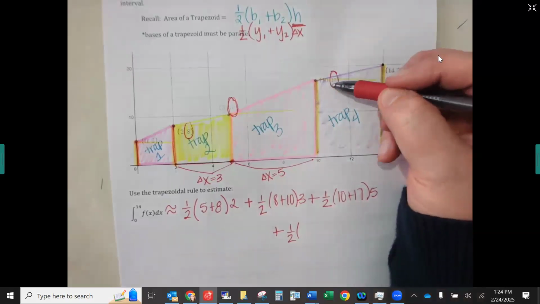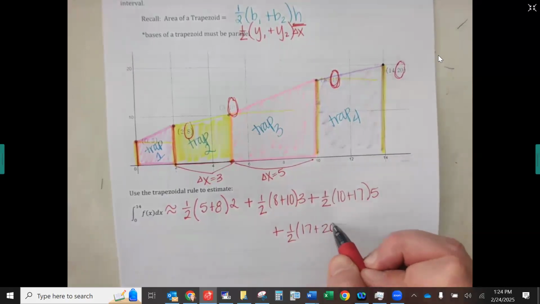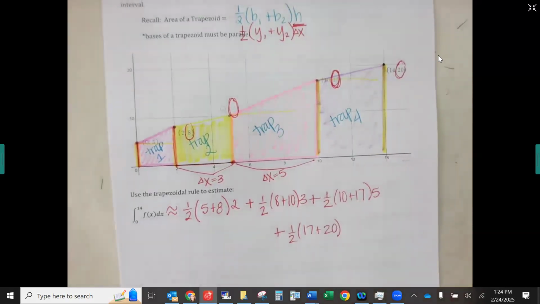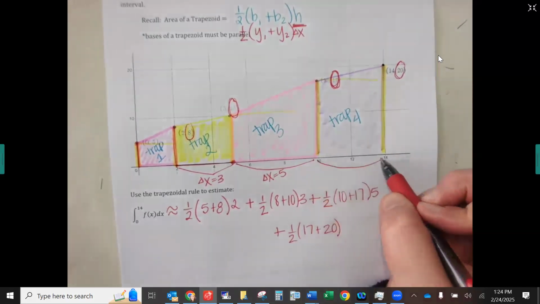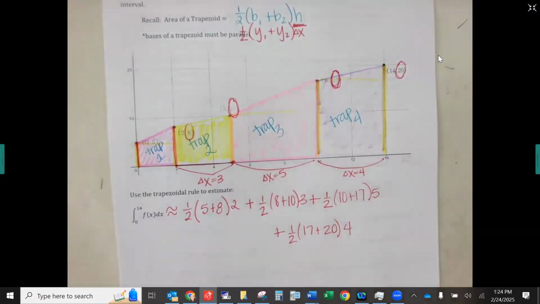We're going to reuse 17 and 20. Remember that the delta x is the distance between the x's, not the distance between the y's. So if this is 10 and I'm going to 14, what's my delta x? Then you would put that in the calculator. You get the idea? All right, go ahead and turn the page, please.